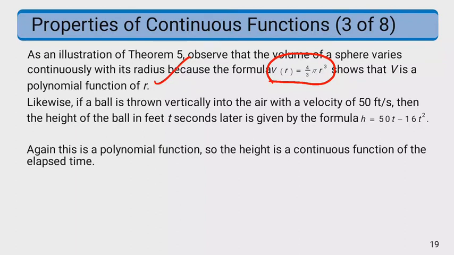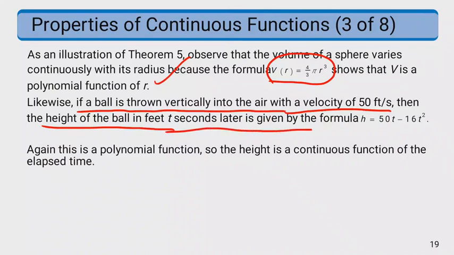And another example is if a ball is thrown vertically into the air with a velocity of 50 feet per second, then the height of the ball in feet after t seconds is defined by this formula, which is still a polynomial. You can see it's a polynomial of degree 2.